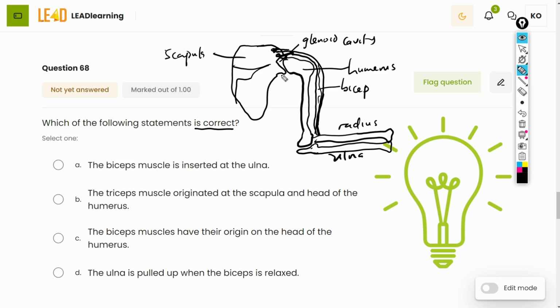The tricep has 1 point of its origin on the scapula, then the other origin is on the humerus itself, and then it goes all the way and connects to the ulna.